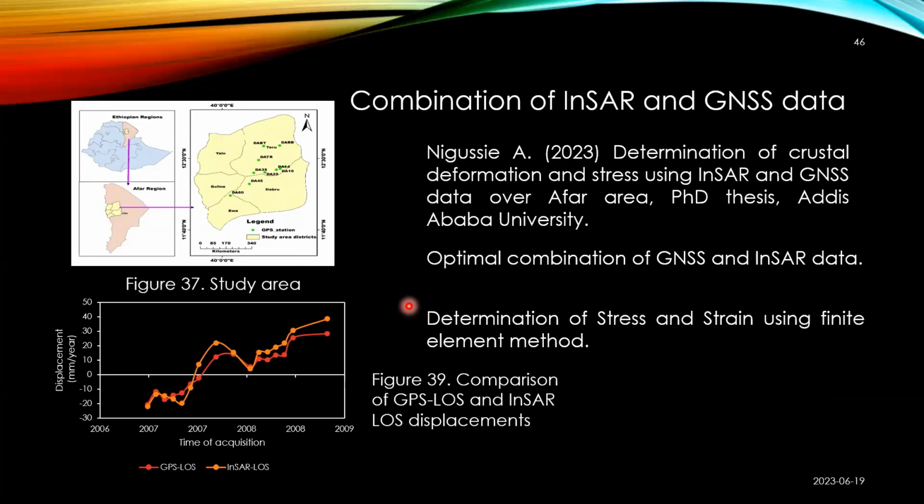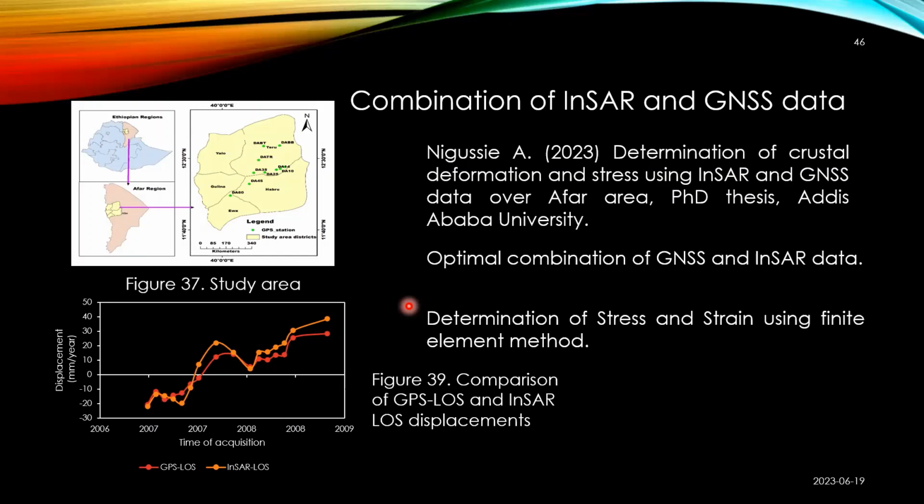Another study is by another student at your institute. The goal is to combine InSAR and GNSS data over the area. I think he used Sentinel data and some GPS time series.